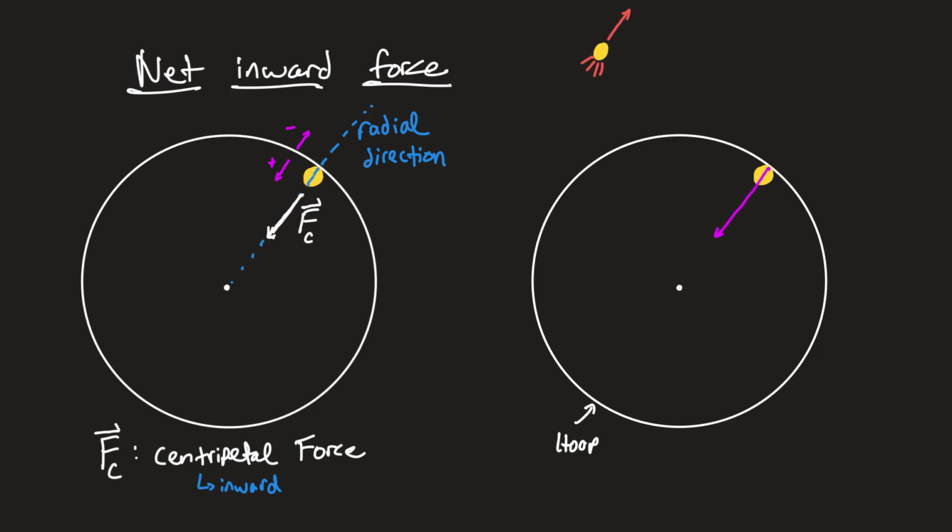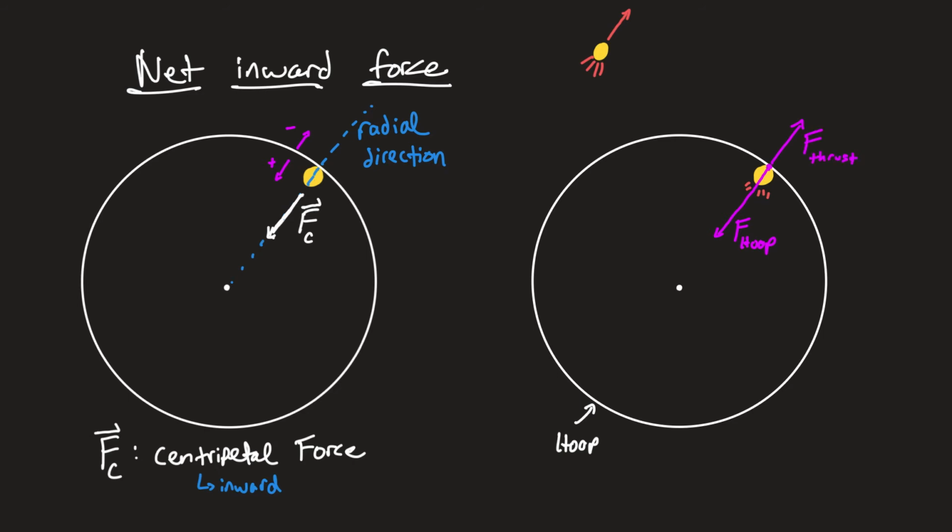I'll label this the force of the hoop. And then we'd have this fictitious rocket thrust going like this. You can see that would be an outward force on the ball. It would try to push it out of the circle. I'll draw that here in the same color. And so there's our thrust from the rocket.